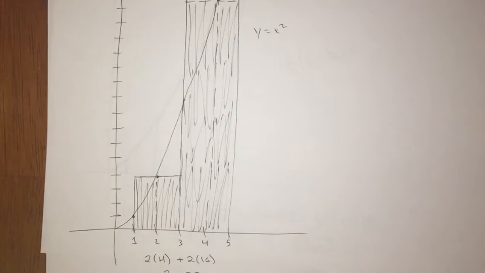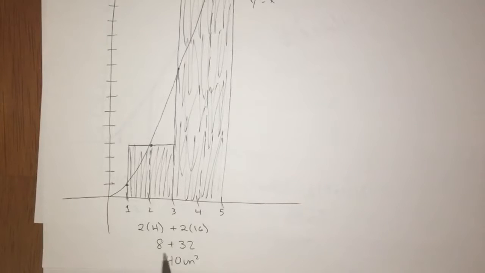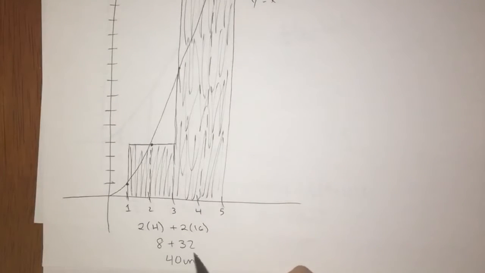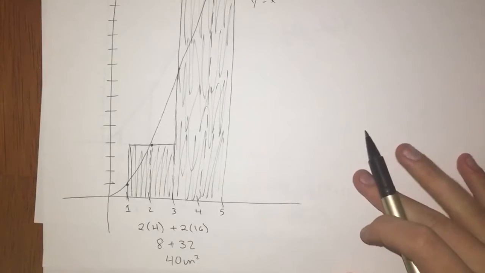And then from there, we can calculate the area of the rectangle by multiplying the base, which is 2, times the height, which is 4. Making our area 8, plus the other rectangle, where the base is 2, times 16, which will equal 32. When those areas are added together, we will get the answer of 40 units squared.